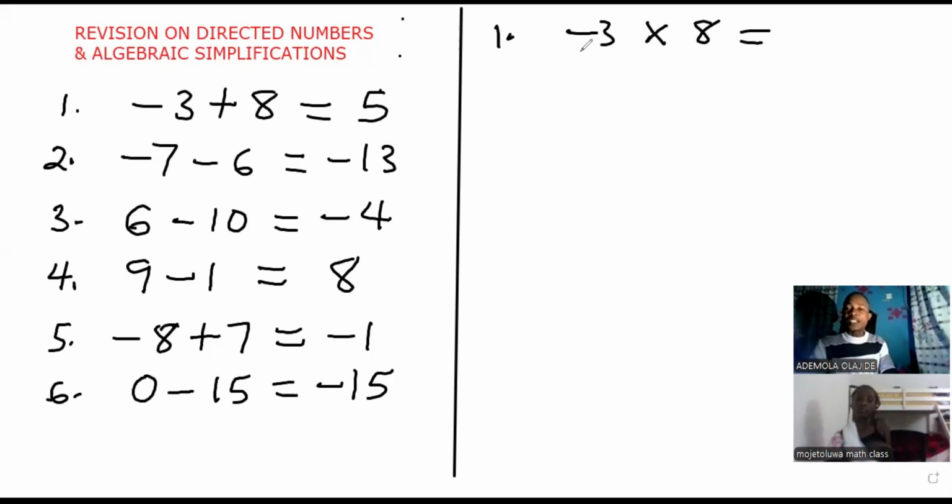So this one is negative 3 times positive 8. The answer is negative 24.